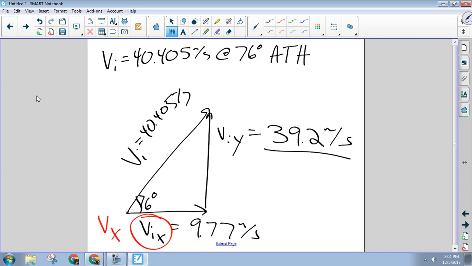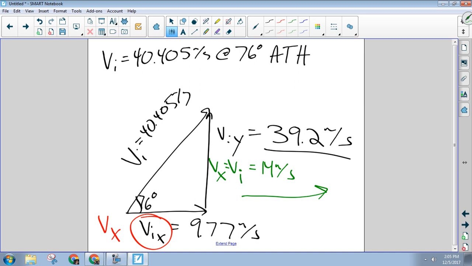Because in number 1, your ball is being thrown this way at 14 meters a second. So that 14 meters a second is both your Vx and, it's not your Vy, because you're not throwing vertically, you're just throwing horizontally. It's your Vx and your Vi, right?